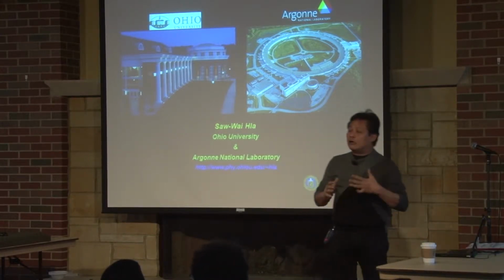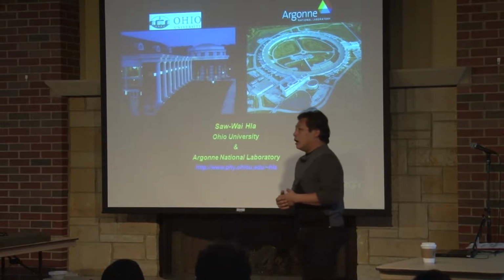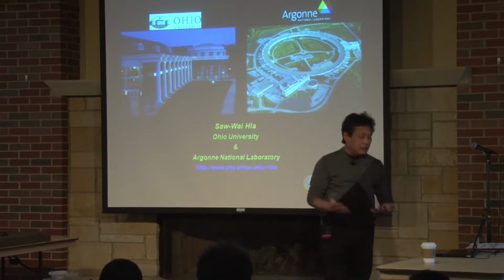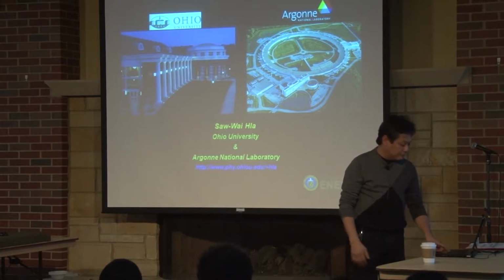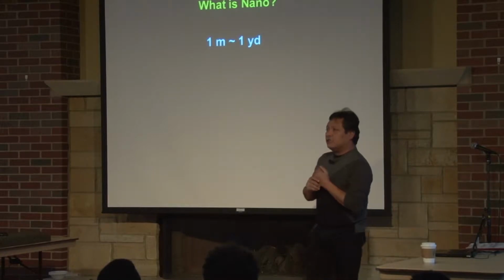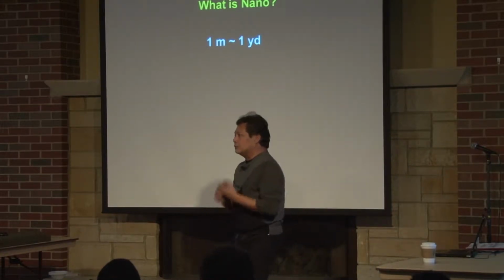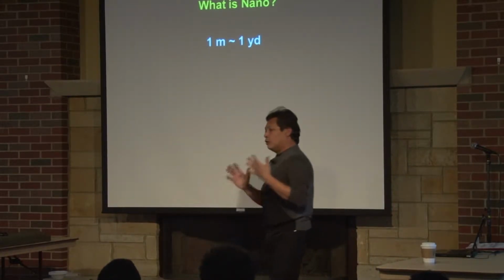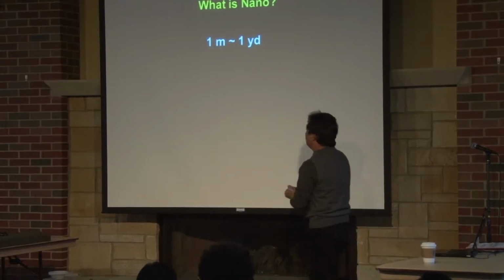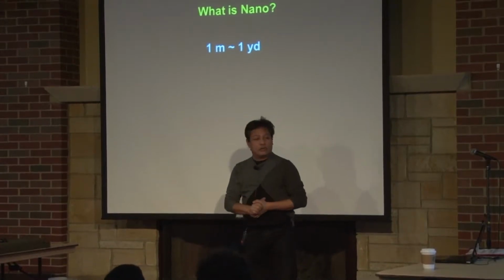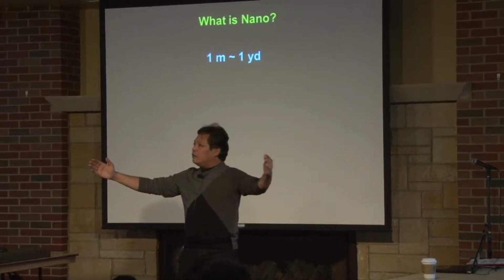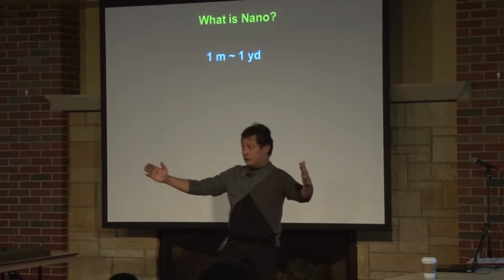And after my talk, after my discussions, I want you to ask me any questions, anything about nanoscience, I will try to answer it. So let me start this way. First, we need to know what is nano. I'm sure many people already know, but if you don't know, let's see about this. So 1 meter is, I forgot to bring a meter stick, but it's about this size. Approximately, it's about 1 yard, okay?